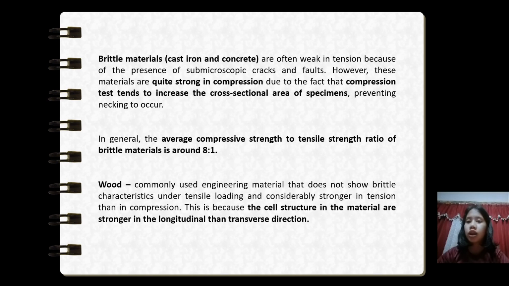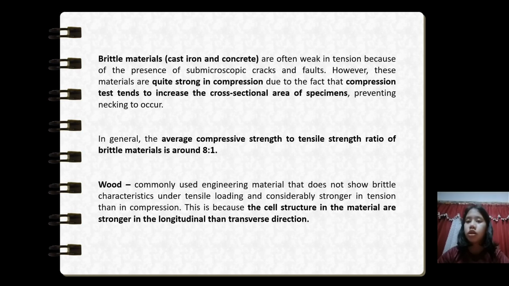Brittle materials like cast iron and concrete are often weak in tension because of the presence of submicroscopic cracks and faults. However, these materials are quite strong in compression because a compression test tends to increase the cross-sectional area of specimens, preventing necking from occurring.